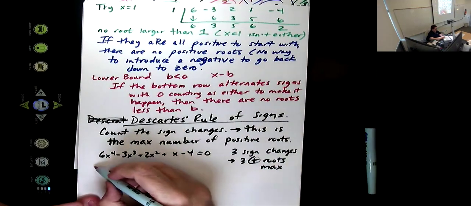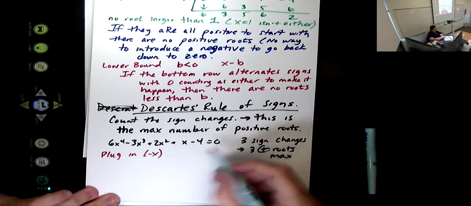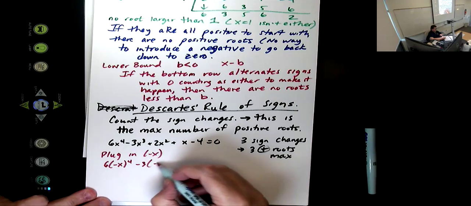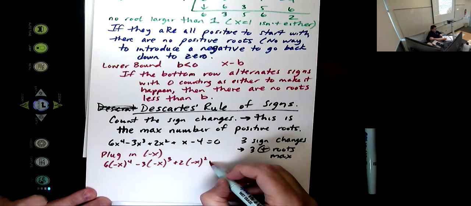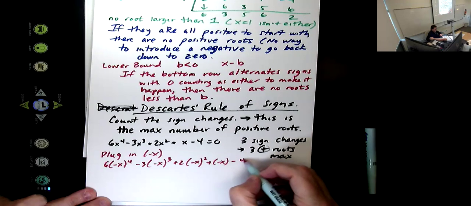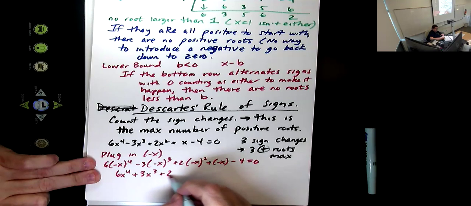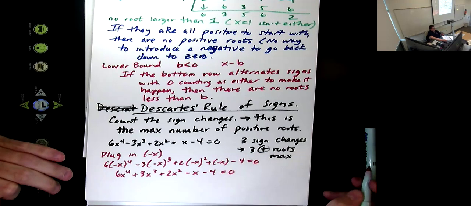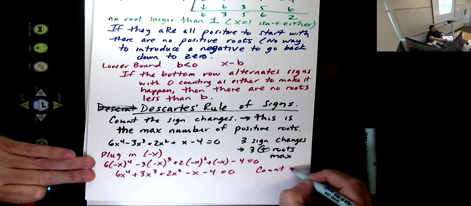Then plug in negative x. If you plug in negative x, now count sign changes.